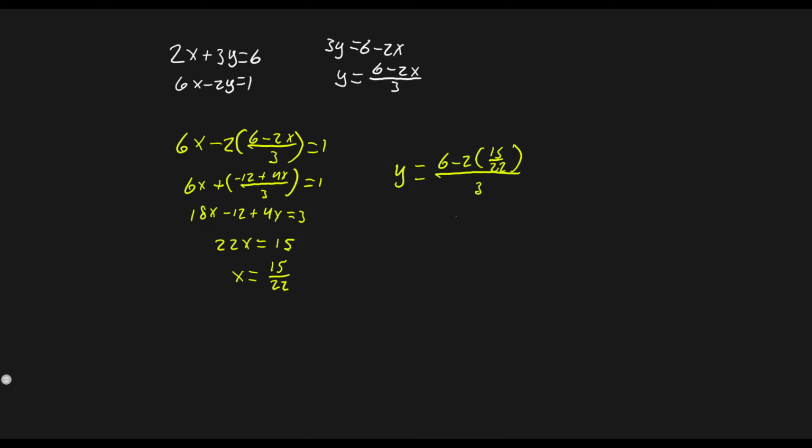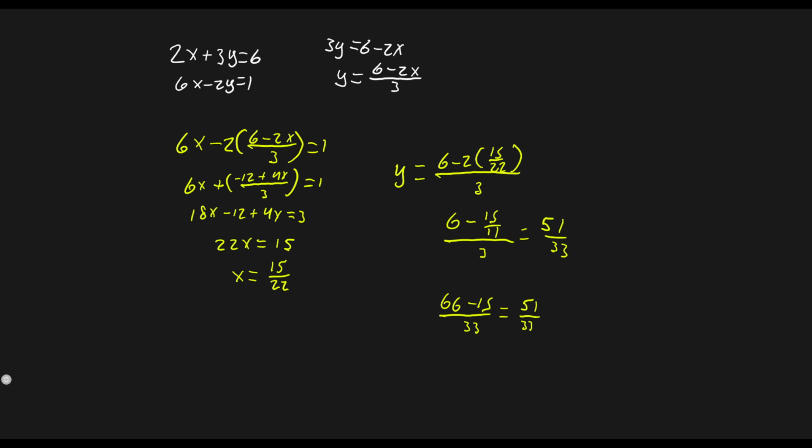Let's simplify that, where we get (6 minus 15 divided by 11) over 3, where we could just solve this and get (66 minus 15) over 33, which gives us 51 over 33. So we get that as our y value.